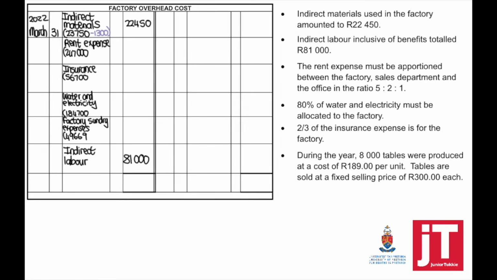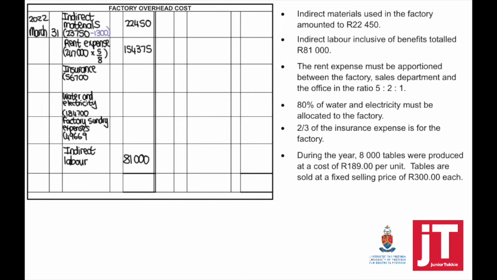This means that we need to take the rent, 247,000 times 5 divided by 8. That equals my total rent expense. 80% of the water and electricity must be allocated to the factory.